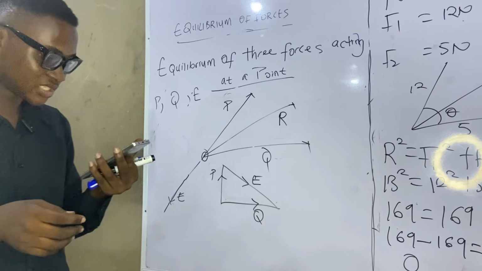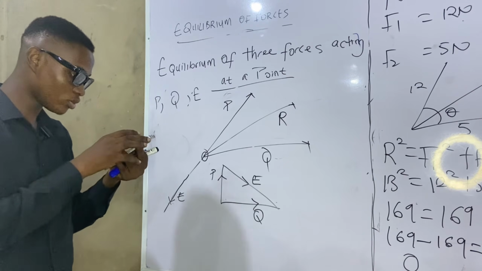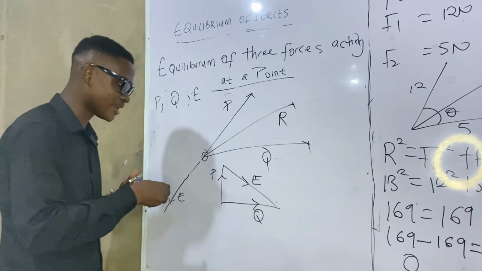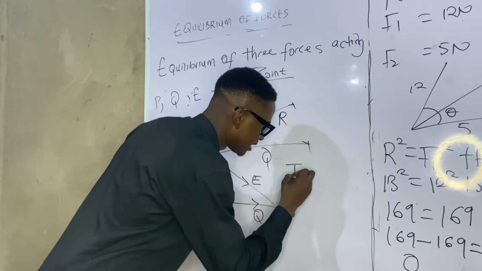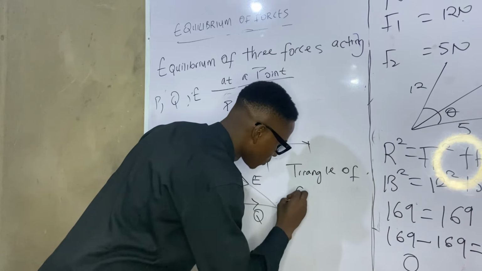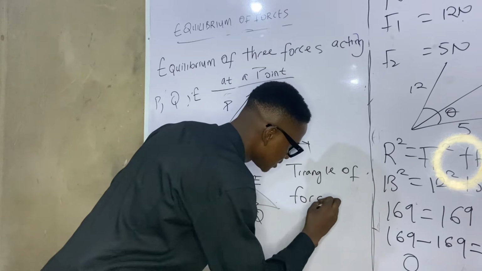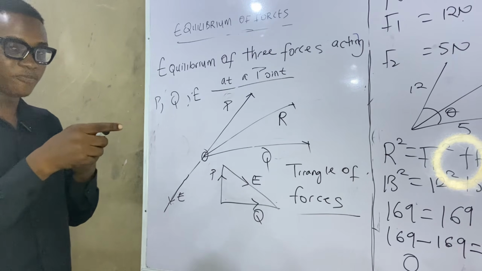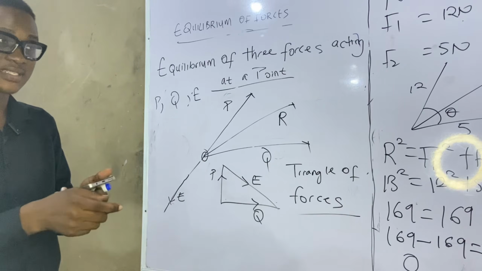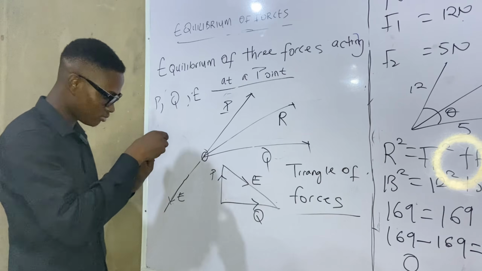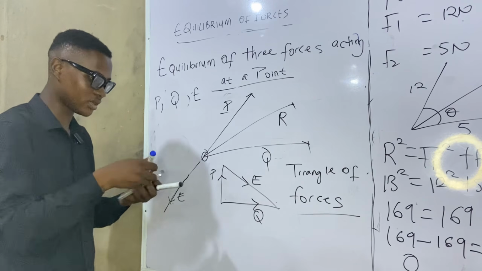So let me state the principle of the triangle of forces. We call this the principle of the triangle of forces. Let me write it here. The principle says that if three forces are in equilibrium, let me use my blue marker to mark it out for you so you can see it clearly.